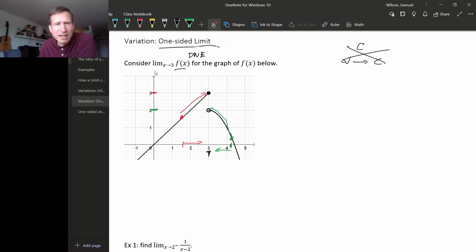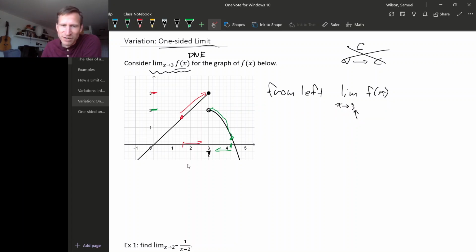So let's modify our notation for limits to indicate which side we're approaching 3 from. If we want to approach 3 from the left, how should we change this notation? Well, we need to indicate that we aren't approaching 3 from both sides, we're only approaching it from the left side, but the left side is sort of the negative side of 3, so let's put a little negative right up here, as a superscript on the right-hand side of 3.